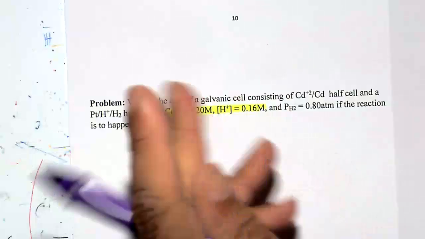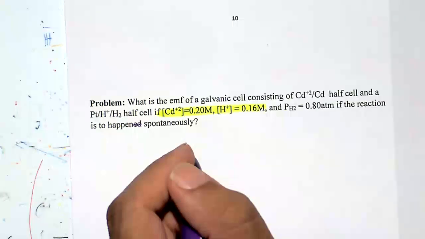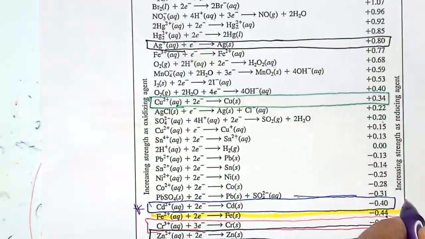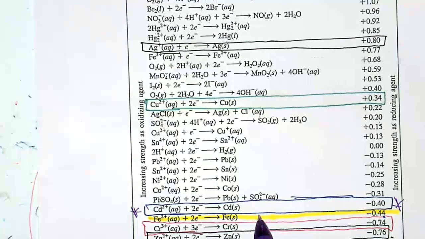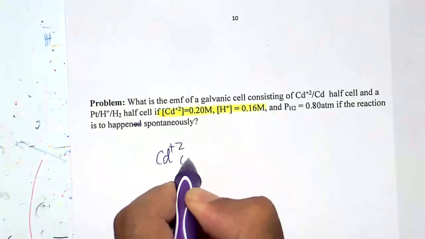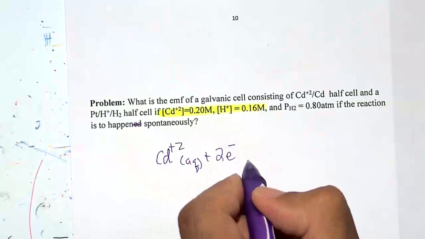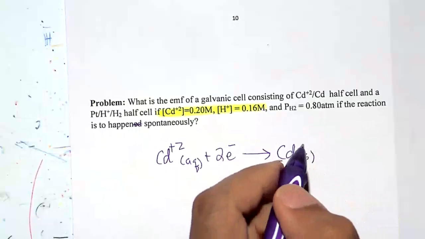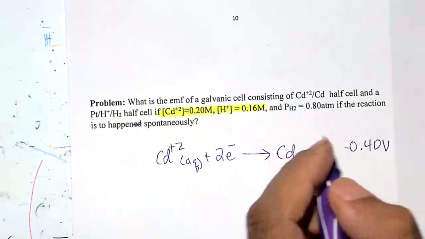So we have the cadmium plus 2 cadmium half cell. Let's go ahead and write this down. Cadmium plus 2 to cadmium, this is minus 0.40 volts.